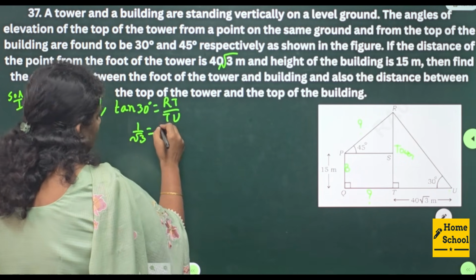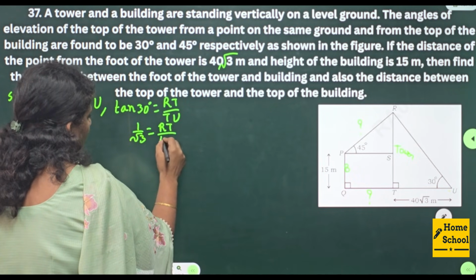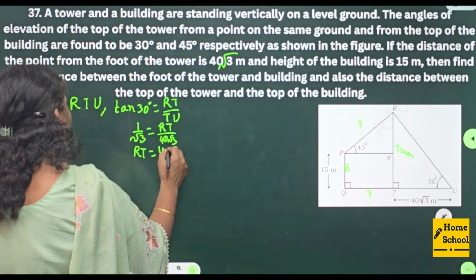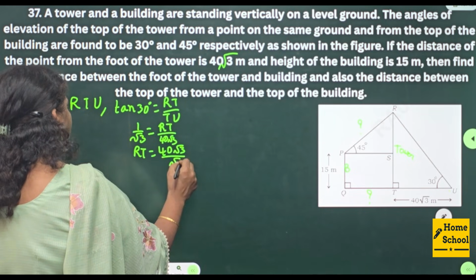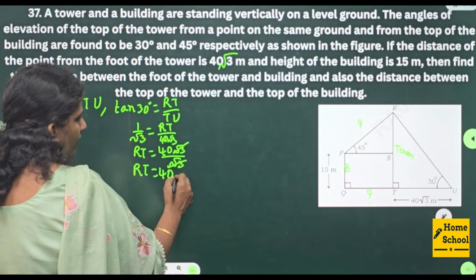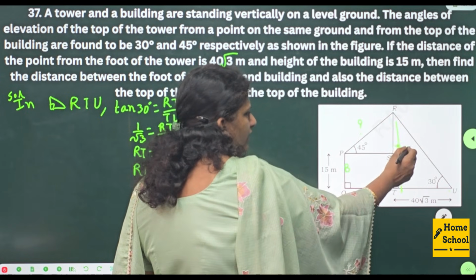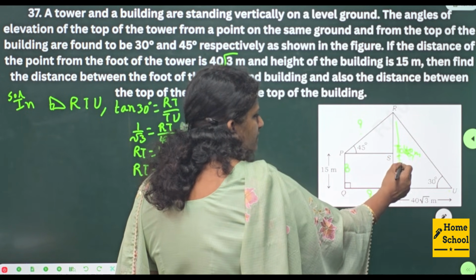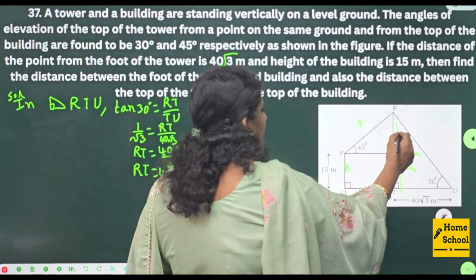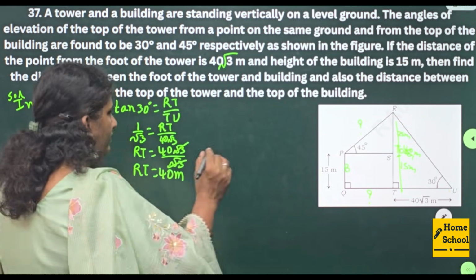RT value, we don't know RT value. TU value is 40 root 3. RT is equal to 40 root 3 by root 3. Root 3 cancel. RT is equal to 40 meters. See, total height of the tower is 40 meter. But we know building height is 15 meter. 40 minus 15, it will be 25 meter from R to S. That only you write here.